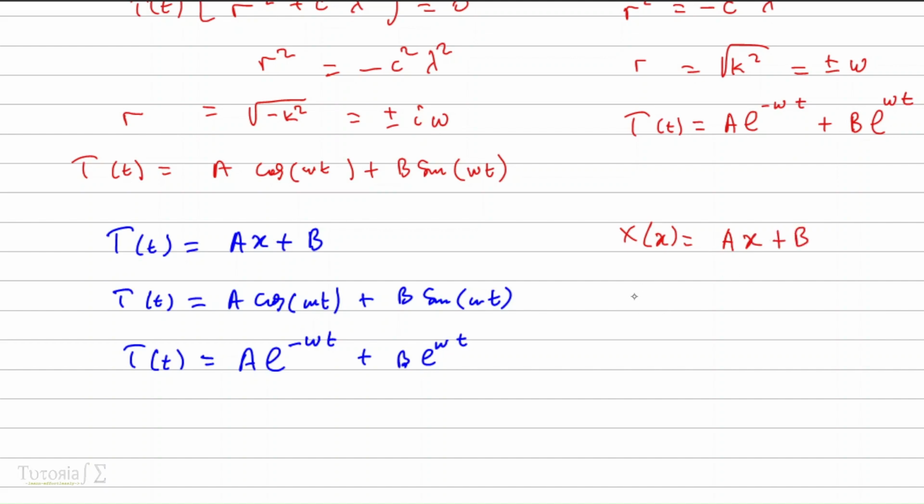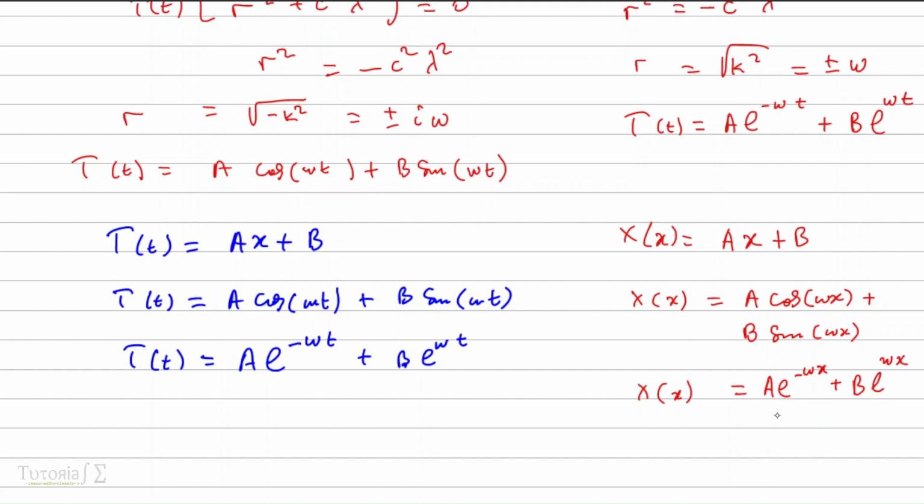The second one was X of x is equal to a cos wx plus b sin wx. Then the third one was X of x is equal to a e raised to the negative wx plus b e raised to the wx.